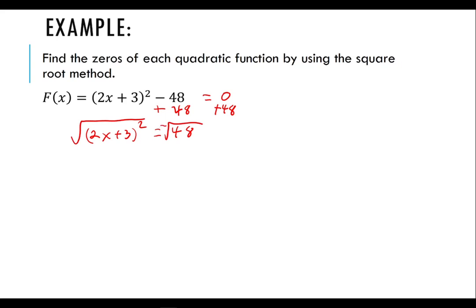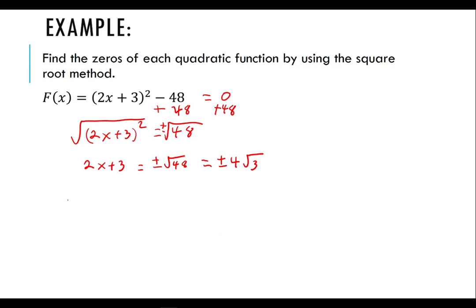Then remember that the square root of a square is plus and minus, so this is then 2x plus 3 is equal to plus and minus root 48. Will it simplify? 2 times 24, 2 times 12, 2 times 6, 2 times 3. So I see that this is really plus and minus 4 root 3.